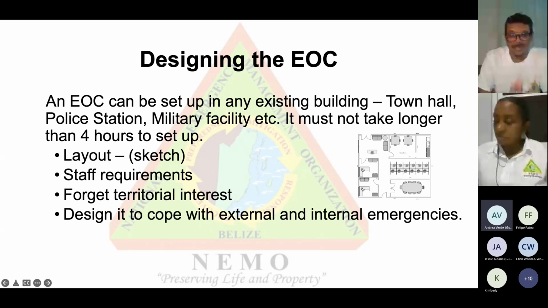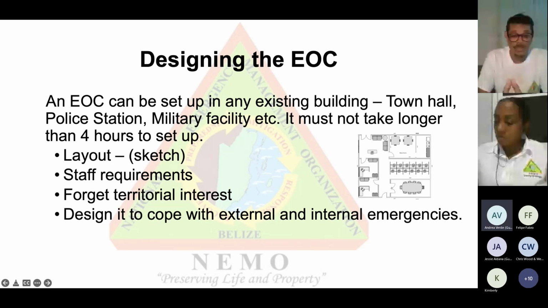So you need to ensure that these things are present or can be set up within that EOC, because you could set up a kitchen very easily. You can set up a kitchen and start to prepare meals. For sanitization purposes and for comfort, you need bathroom facilities with showers and the like.